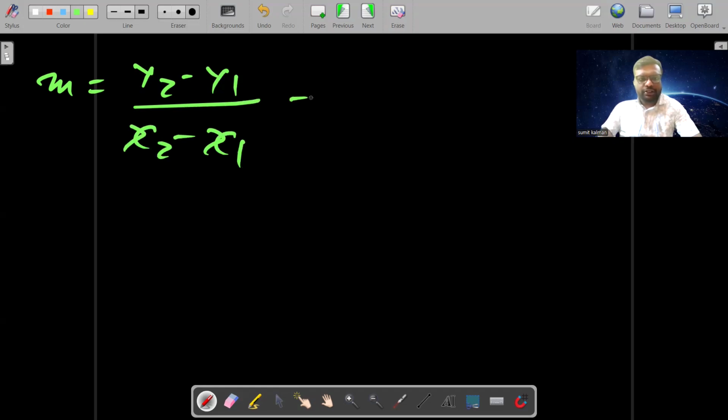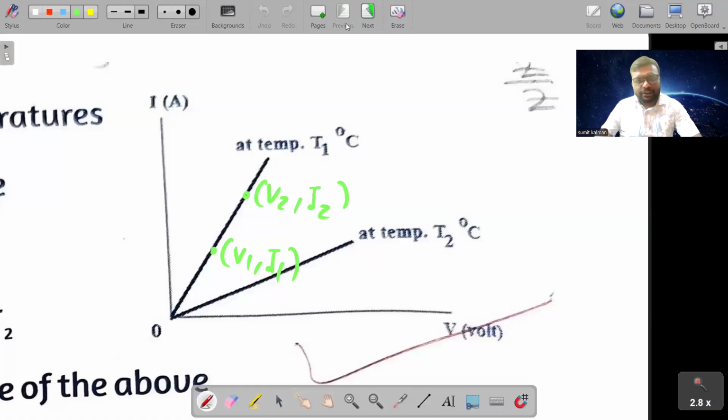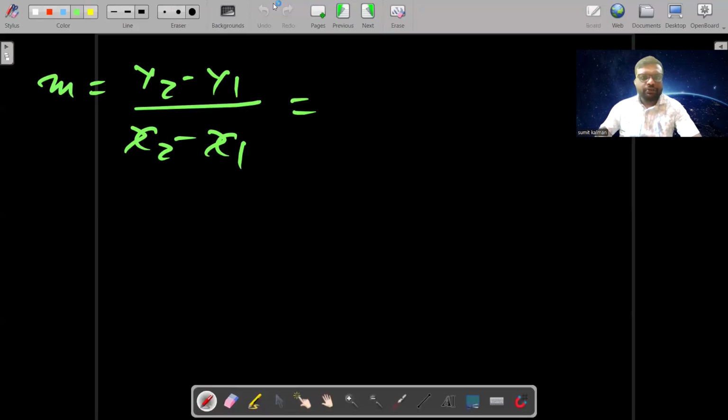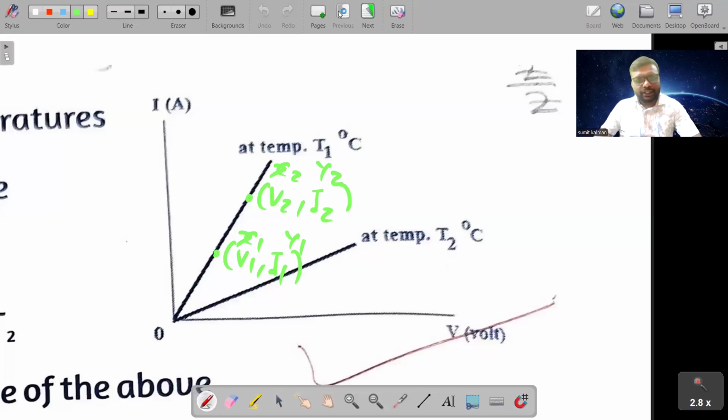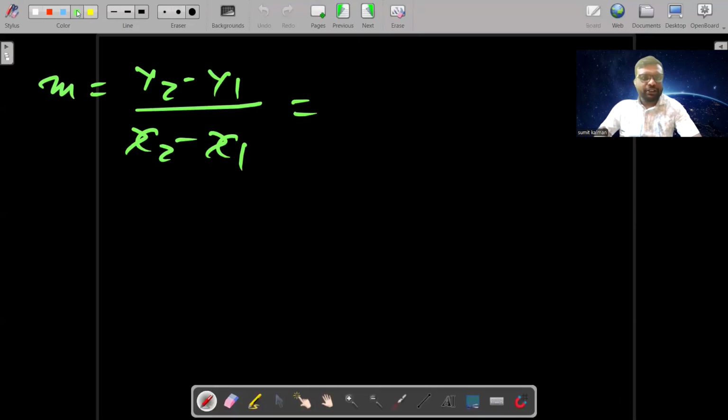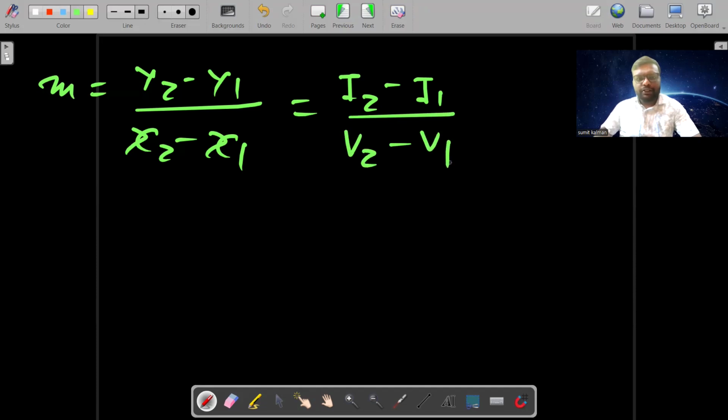If you compare, this is x2, y2, and this is x1, y1. So y2 minus y1 means I2 minus I1, upon x2 minus x1, V2 minus V1.